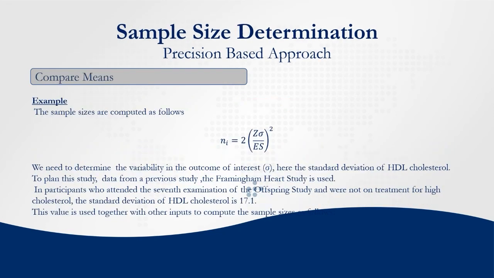So this would be the formula. You have the margin of error again. Here you have the standard deviation and the variability, and we still have our critical value. Let me check the time.